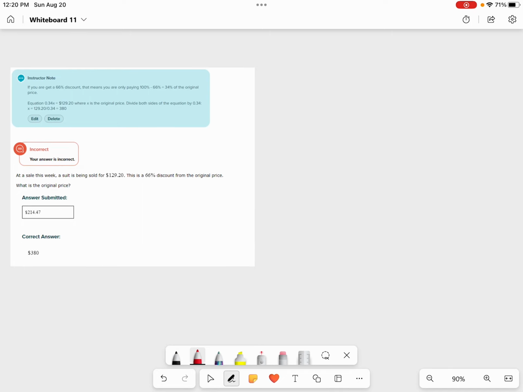All right, and this last problem here says at a sale this week, a suit is being sold for $129.20. This is a discount of 66%. What is the original price? If we're getting a discount of 66%, we need to see what percentage we are actually paying for. You would do 100 minus 66, and that would give us 34%.